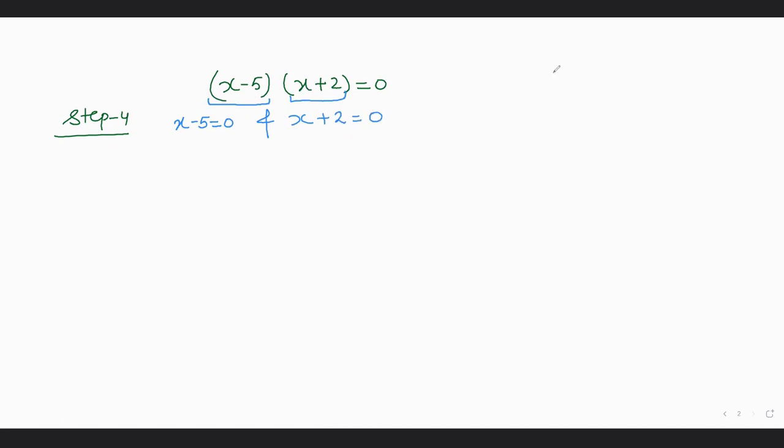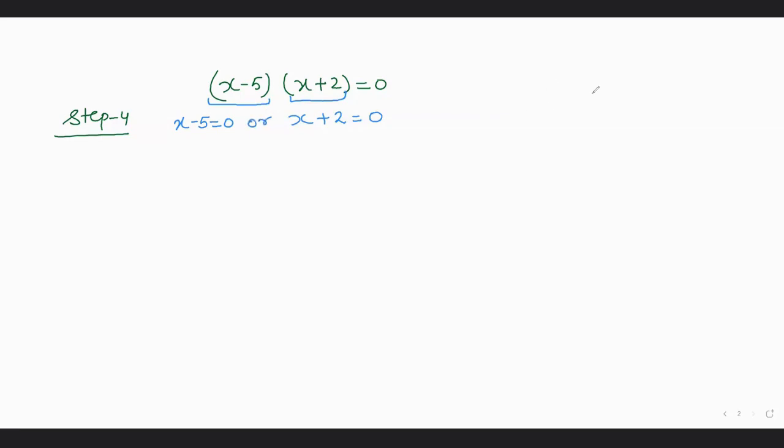So one thing we can say is that either the factor x minus 5 is 0 or x plus 2 is 0. Why is this so? Let me tell you, students, why we are doing this.